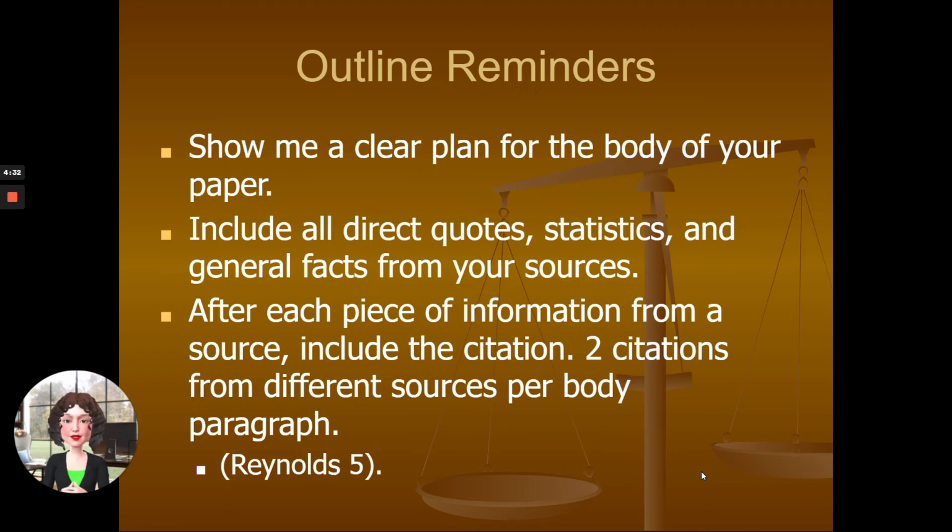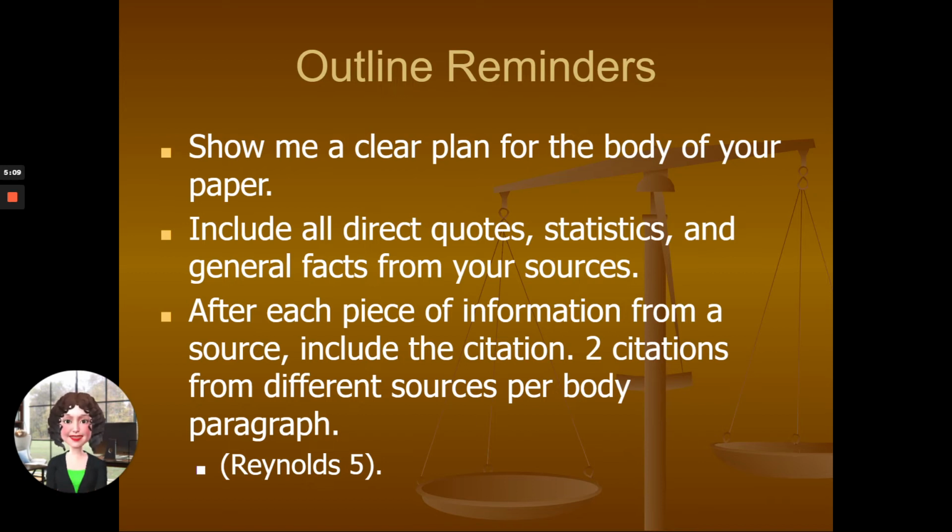Outline reminders. Show me a clear plan for the body of your paper. Include all direct quotes, statistics, and general facts from your sources. After each piece of information from a source, include the citation. You should try to have 2 citations from different sources per body paragraph, again, with the exception being if you are analyzing a piece of literature and you're reliant on textual details, you may only have quotes from that Lord of the Flies or your separate piece of literature.